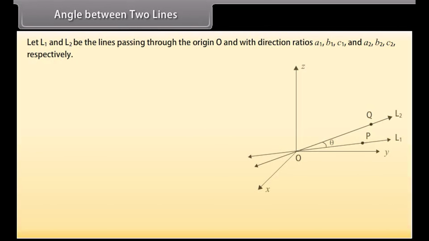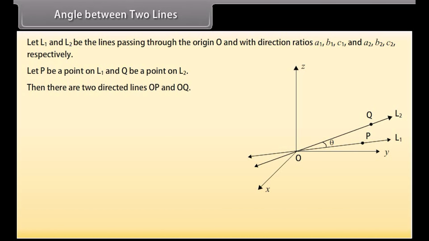Angle between two lines. Let L1 and L2 be the lines passing through the origin O and with direction ratios A1, B1, C1 and A2, B2, C2 respectively. Let P be a point on L1 and Q be a point on L2. Then there are two directed lines, OP and OQ.